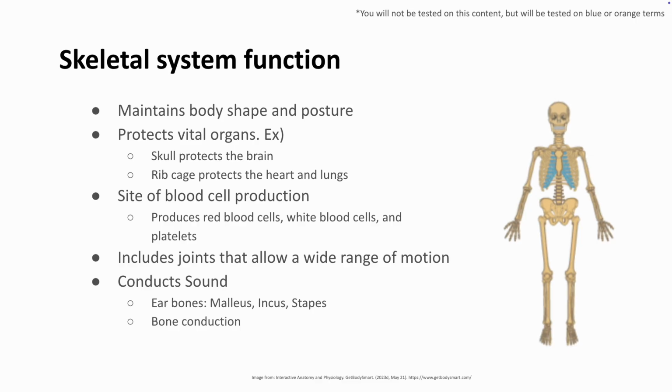That's one way. The second way is bone conduction. If you have something placed directly on you that creates a sound or vibration, it will transfer through the bones to that snail-looking organ.